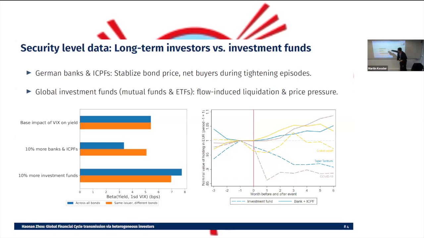And if you notice these orange bars, they're comparing a relatively narrow set of bonds. They're comparing bonds issued by the same issuer at the same point in time. So I'm talking about secondary market spreads at the same point in time, same issuers, different bonds with potentially different investor composition. What you can see here is that even if I take into account these differences by taking a very high-dimensional issuer-time fixed effect, you can still see that the gaps remain.